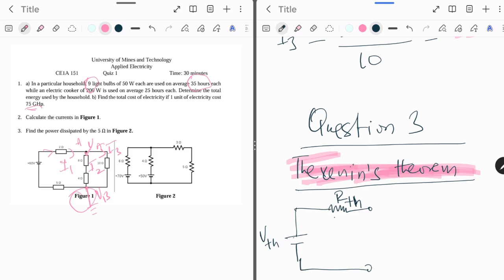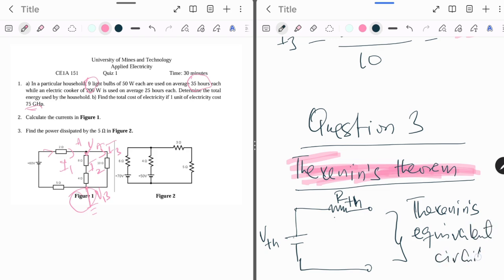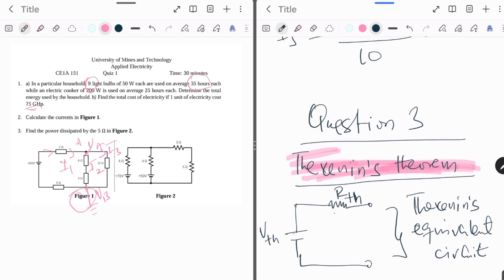This is what we refer to as Thevenin's equivalent circuit, right?